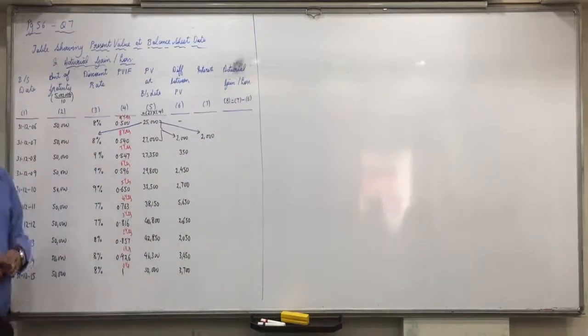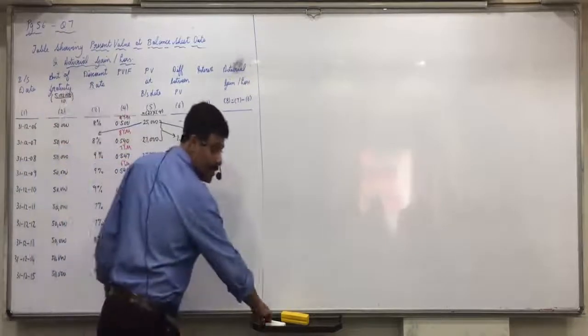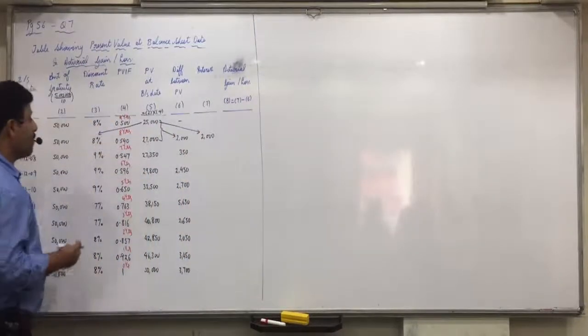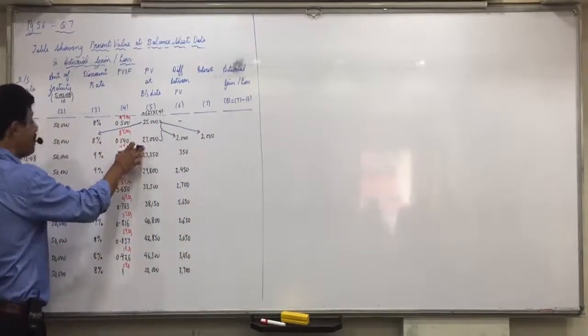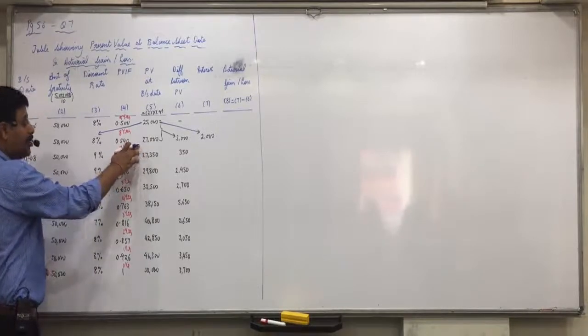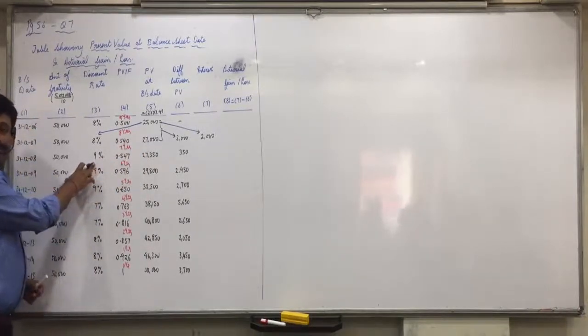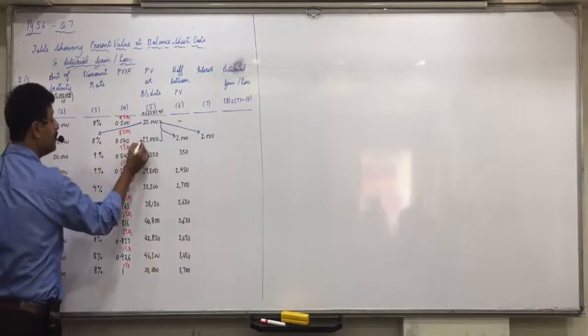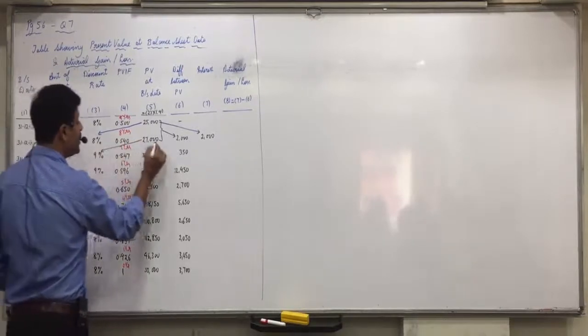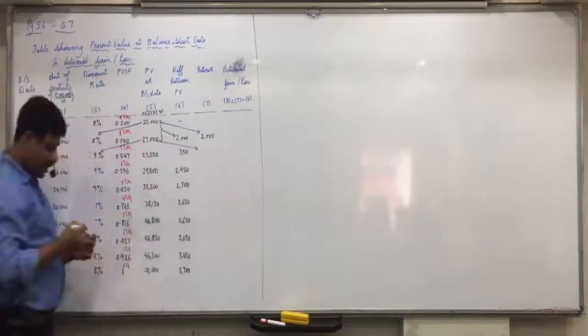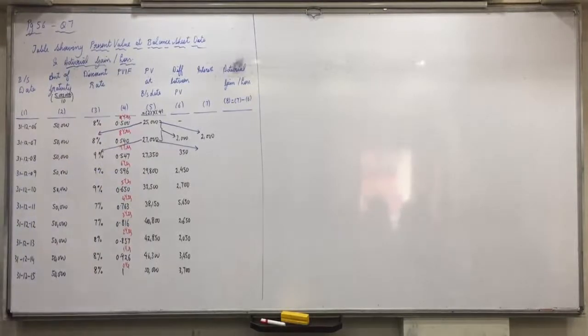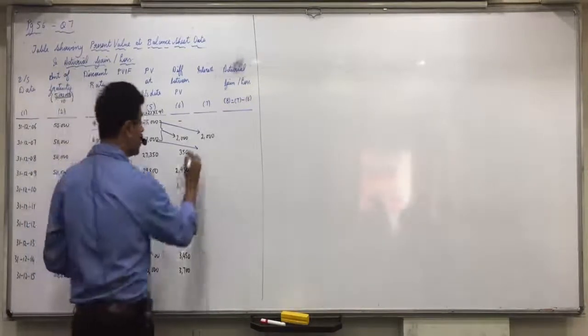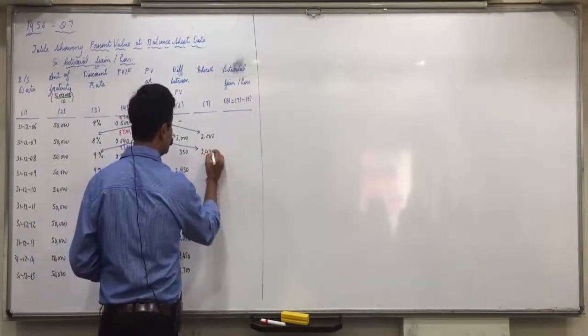Any confusion in this? Or are you able to understand it? Same way, this 27,000 what you keep aside second year actually earns the interest of 9% in the next year. 27,000 into 9%. 2,430.